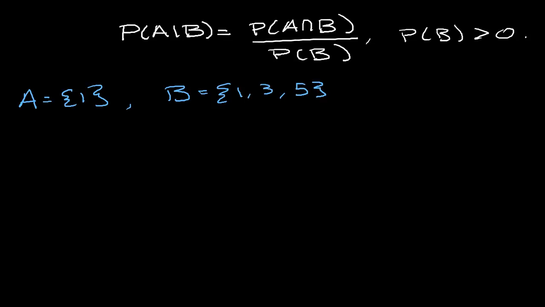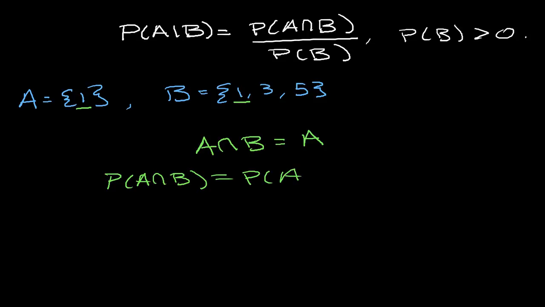So the intersection between A and B is just A, right? The intersection between these two sets is just the number 1, which is just the set A. So the probability of the intersection is just the probability of A.